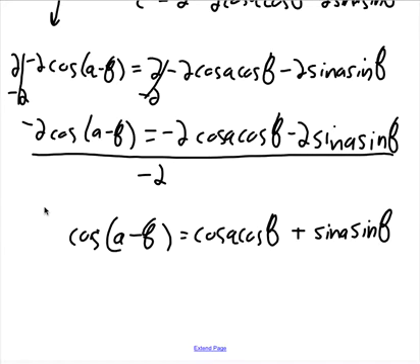All right, and then there's our identity of cosine of angle alpha minus angle beta.